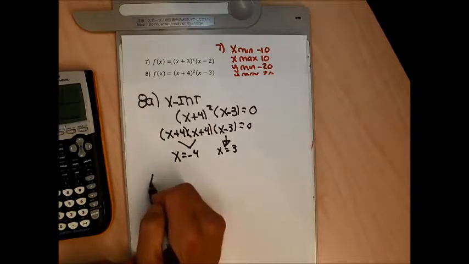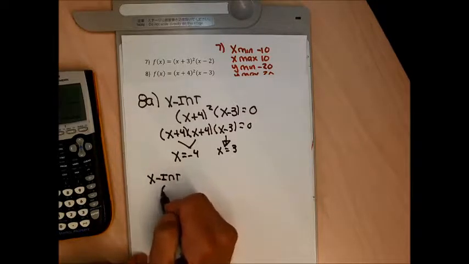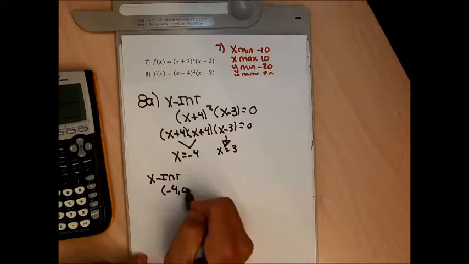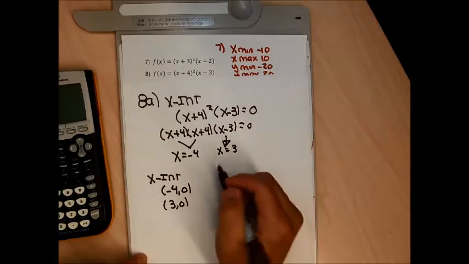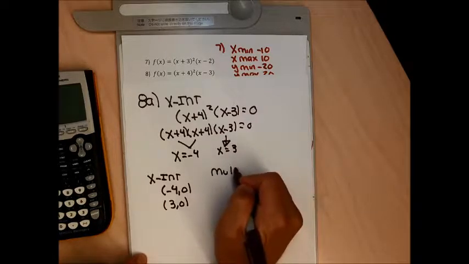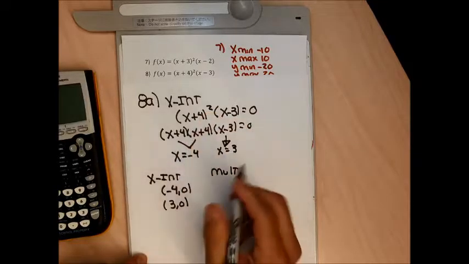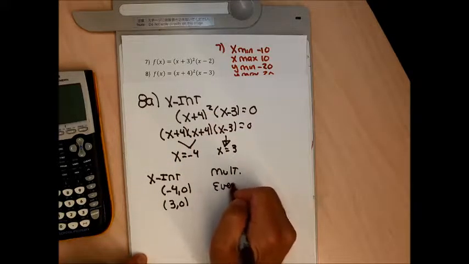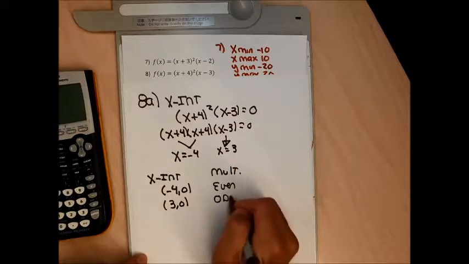So for my x-intercepts, I'm going to say it's the point negative 4, 0 and positive 3, 0. Also need the multiplicity. The x plus 4 had an exponent of 2, so it has even multiplicity. The x minus 3 has an exponent of 1, so it has odd multiplicity.